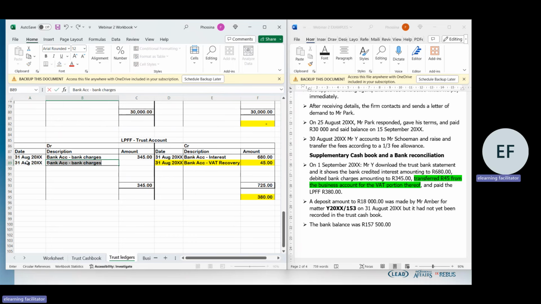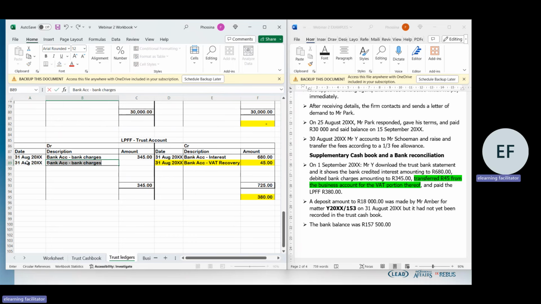Okay, and then we also create a ledger account for Mr. Ember. A ledger account, and copying this one. Okay, Mr. Ember.